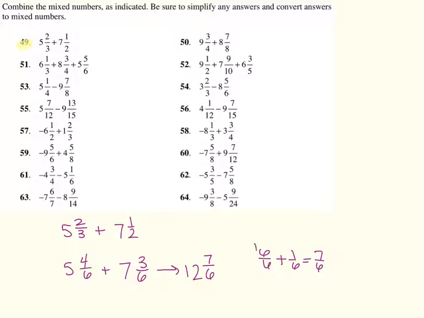So I'm going to take this whole and add it to the 12, which will make this 13. And then what's left over is our leftover fraction. Okay, pretty easy.